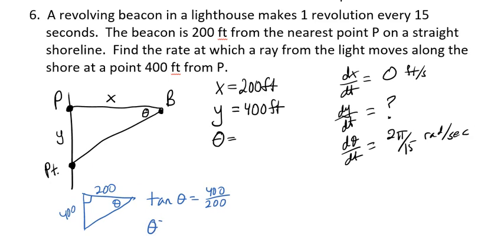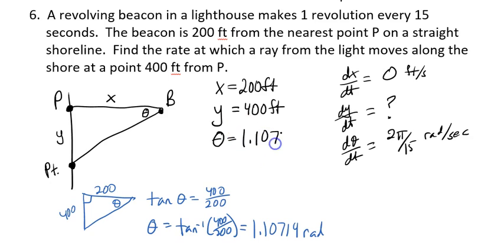So theta equals tangent inverse of 400 over 200. Again, you want to make sure your calculator's in radians, since we're doing this in radians over here. And you should get a decimal, 1.10714 radians. I'm going to keep all those because I need to be correct to 3 decimal places at the end, so I need to keep some more while I'm actually doing the work.